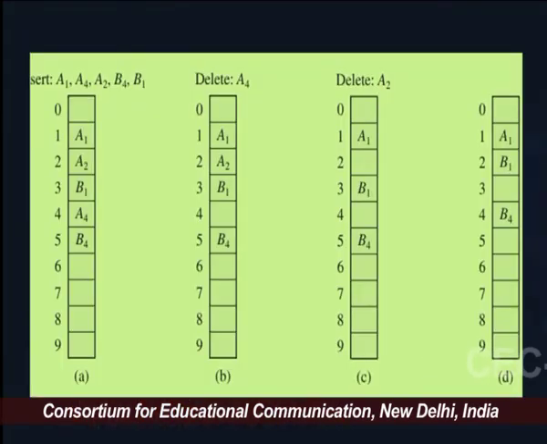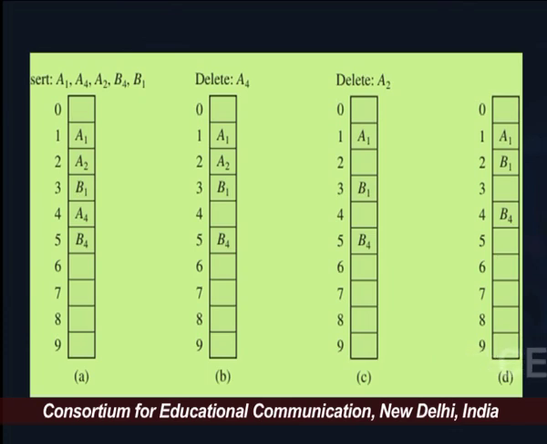Now where is the problem? Let us see this figure. The first operation is insertion, and we have inserted the elements A1, A2, then B1. B1 is inserted at position number 3. A4 is inserted in its own slot, which is 4, and B4 is inserted in slot 5. So B4 and B1 are colliding keys.